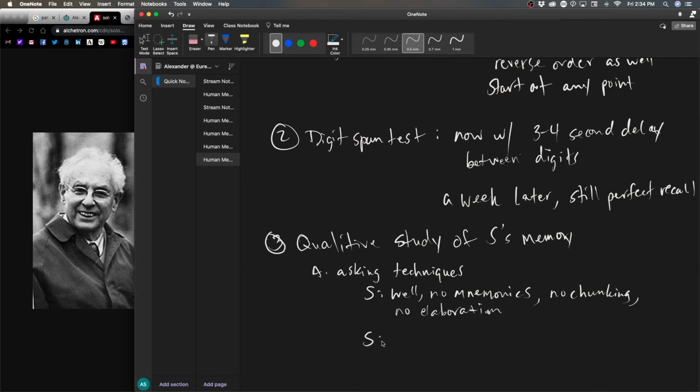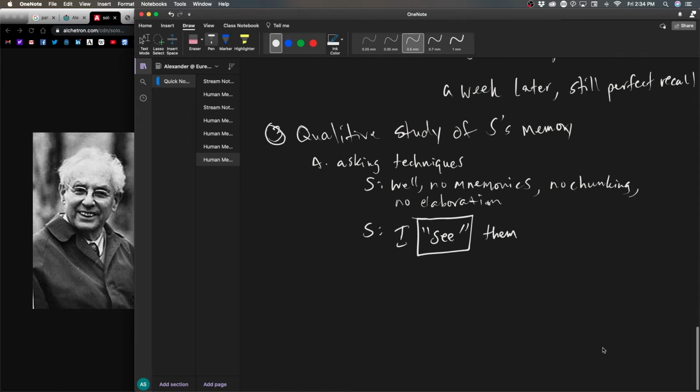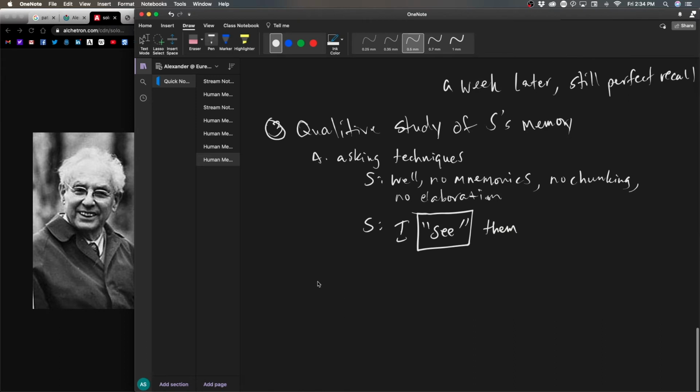He would say, I see them. This C is going to become very important in a moment. Okay. All right. So he's like, okay, well, if you see them, let's do some visual stuff.